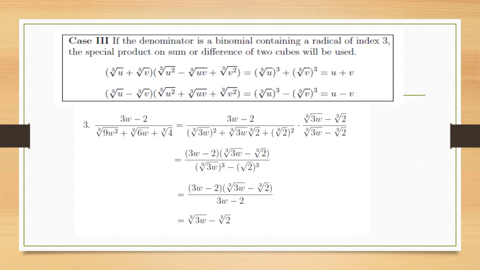You can delete the cube roots, so 3w minus 2. And what happens on top is we have a 3w minus 2 here. Oh yeah, when we deleted the cube roots at the bottom, we have a 3w minus 2. Common factors we can cancel, and we have a cube root of 3w minus cube root of 2.